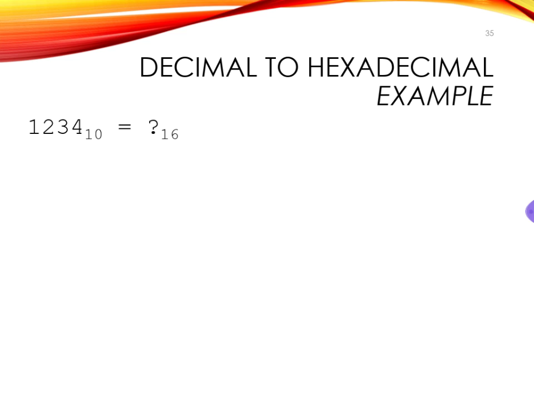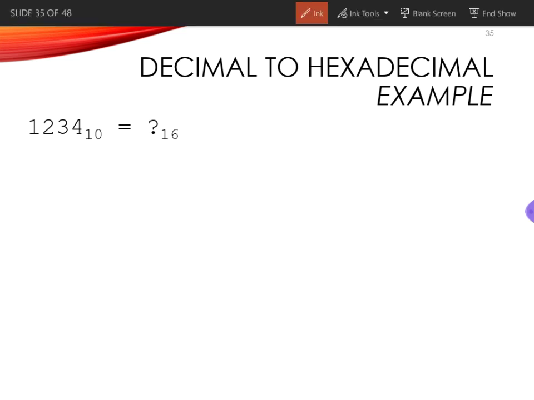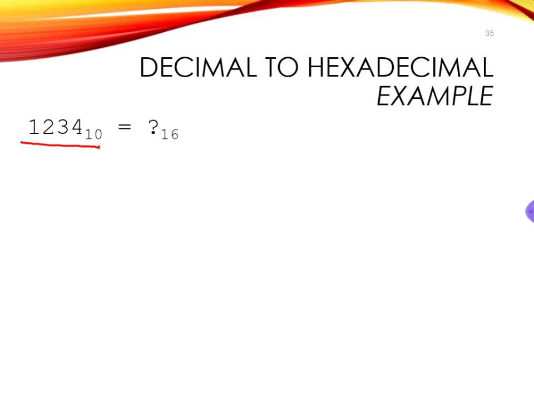So if we have the number 1234 in base 10, and we would like to convert it into base 16, first, 1234 divided by 16, we get 77 with a remainder of 2. 77 divided by 16 is 4 with a remainder of 13. And then 4 divided by 16 is 0 with a remainder of 4.